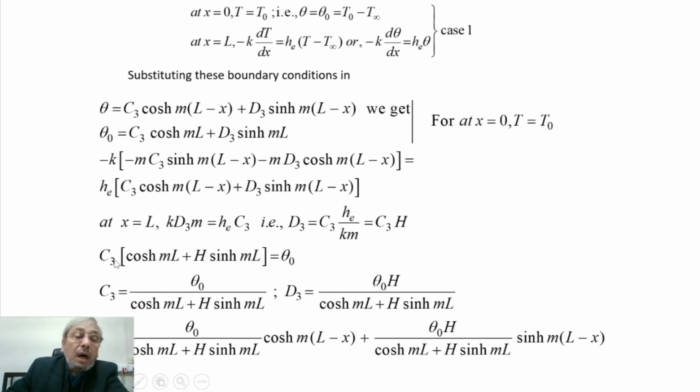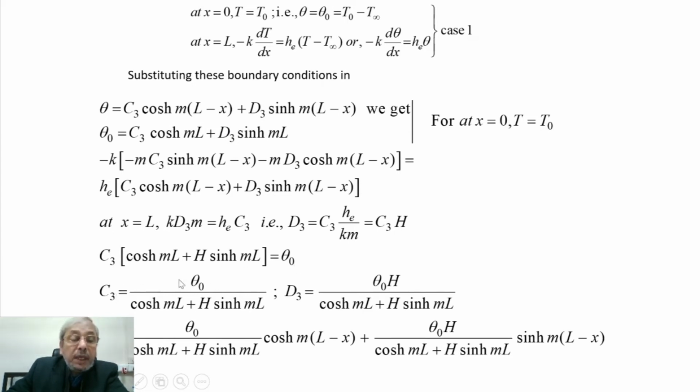Now from here we can write C3 cosh mL plus H sinh mL equal to theta naught. That means D3 we get in terms of C3, and this D3 we substitute as C3 into H, and then we take C3 outside the bracket and we get this expression.